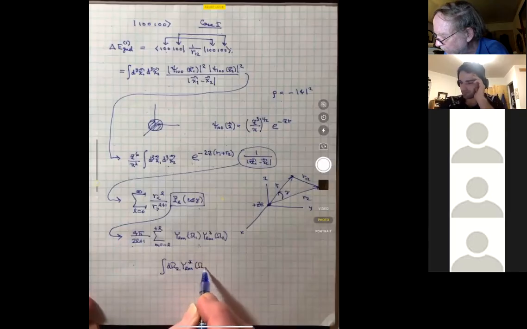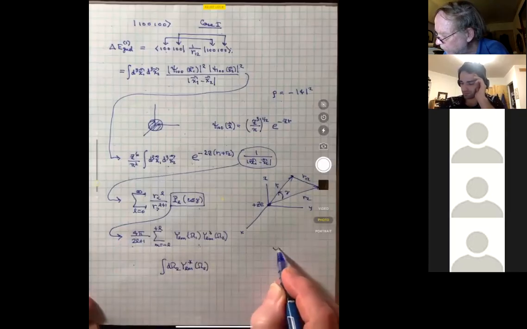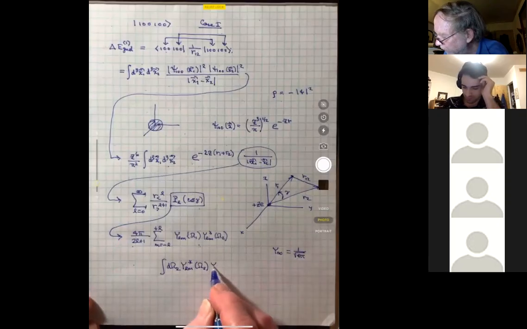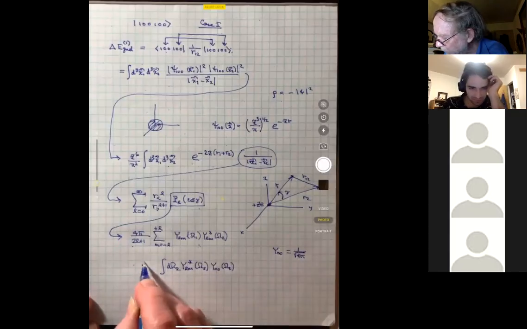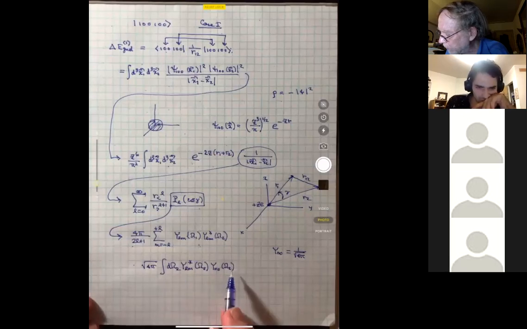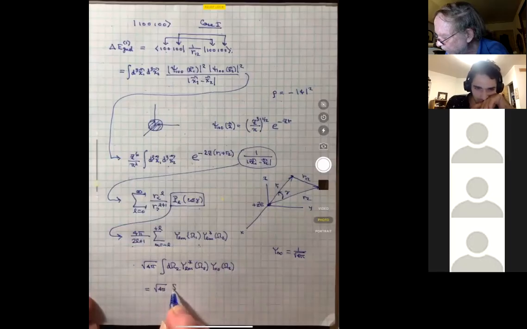How do we do this integral? We do it by noting that Y00 is equal to 1 over the square root of 4π. It's constant on the sphere. So I can put in a Y00 of Ω2 here if I multiply by the square root of 4π, and it doesn't change the value of the integral. But now you can use the orthonormality, and you get the square root of 4π times Kronecker delta L0 times Kronecker delta M0.